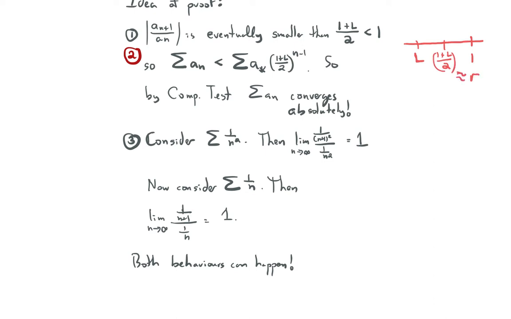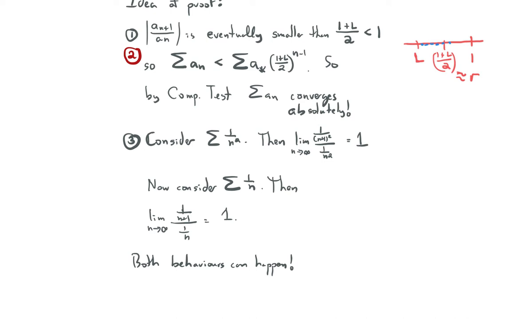And I can use the comparison test to compare this series, the sum of a_n, with some term whenever it starts getting eventually small enough. There's some fiddly details I don't want to get into, but at some point the ratio between the terms is smaller than (1 + L)/2, since the limit is L. At some point you pass that threshold of (1 + L)/2.